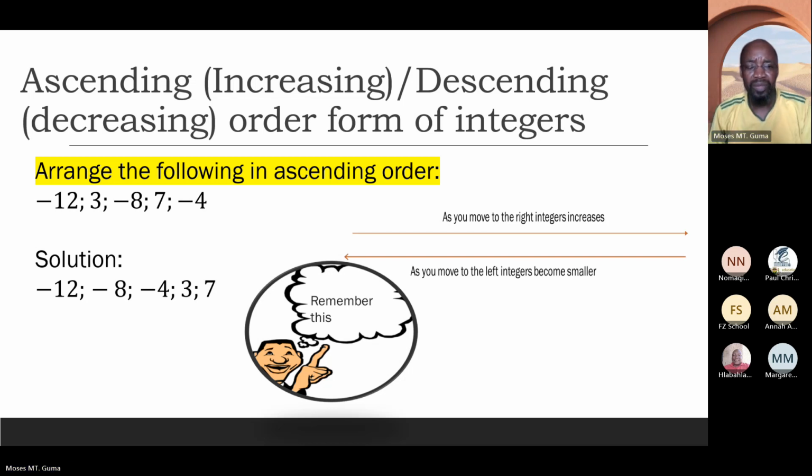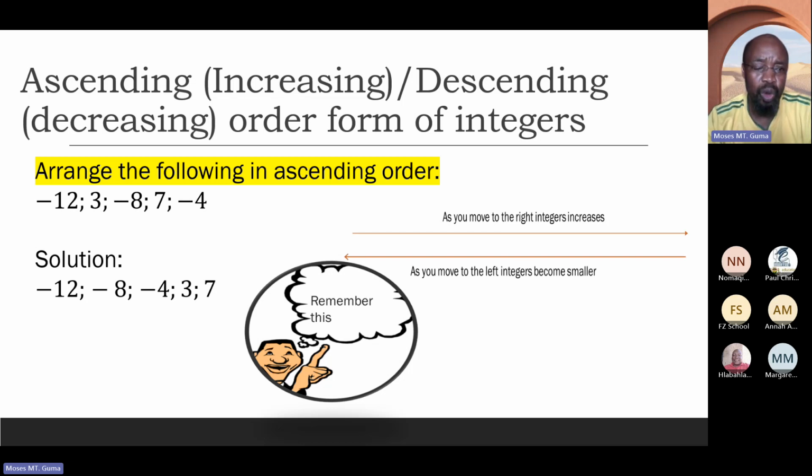Now, let's see. You said to us, when integers are moving from the left to the right, they actually increase. That means that this one would be the smallest and this one would be the biggest. When they move from the right to the left, they decrease, meaning that this one would be bigger than this one.